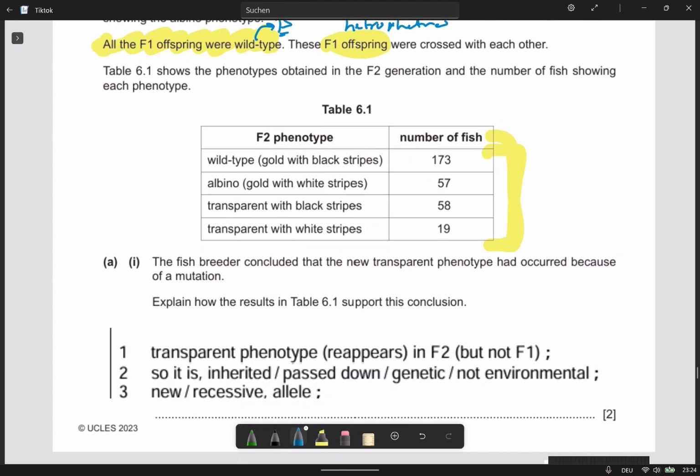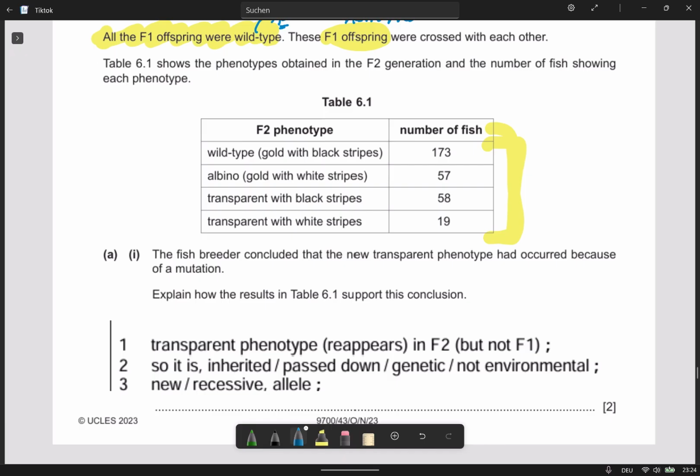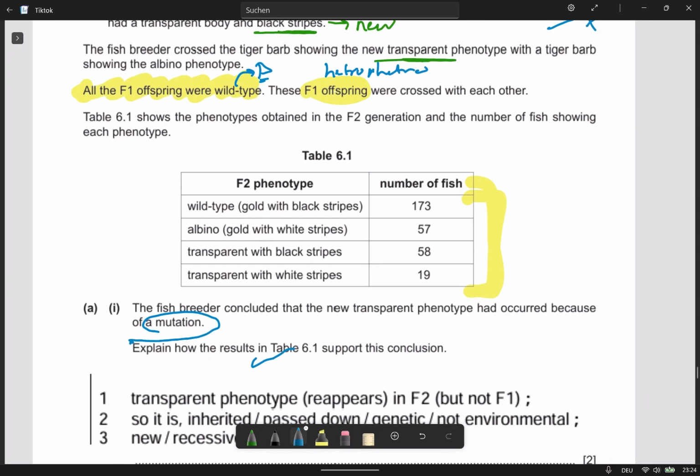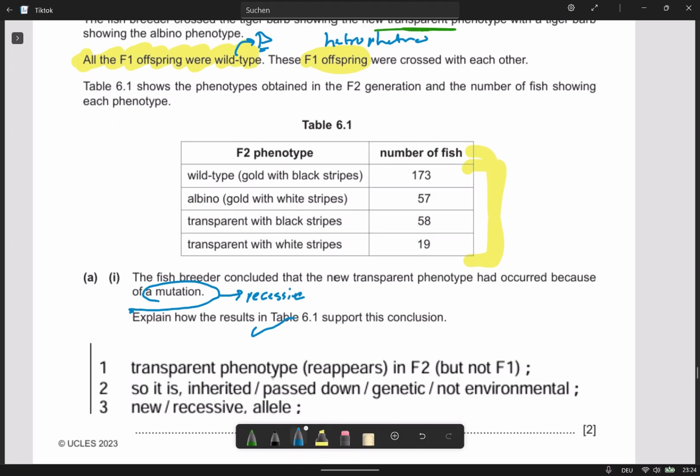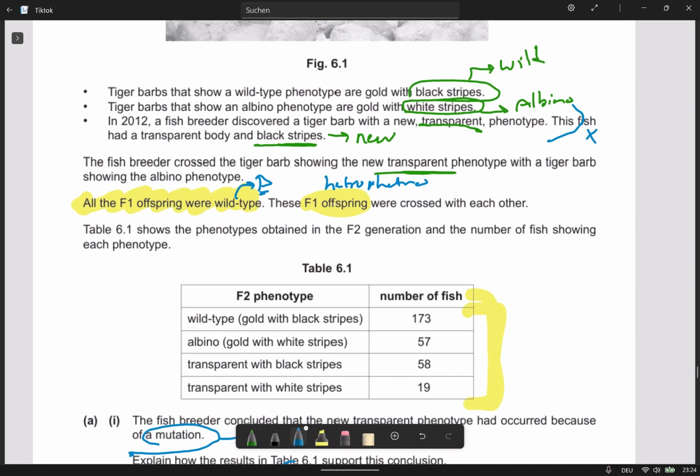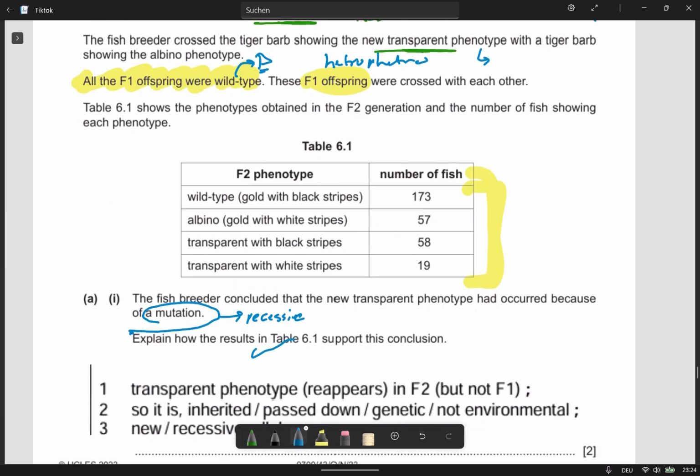Okay, so the fish breeder concluded that the new transparent phenotype had occurred because of mutation. Explain how the results in the table support this. So usually mutated alleles show recessive traits. Okay, and also he wanted to conclude that whatever happened here is genetic. So from the mutation we know two things. Firstly, that it's recessive.